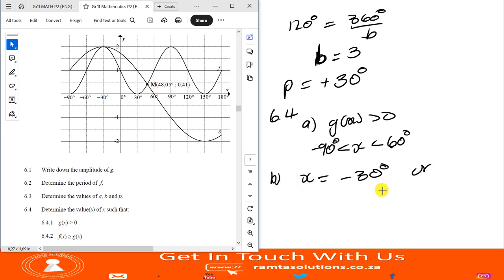So we are also looking at when x is greater or equal to 48.05 degrees, but less or equal to 180 degrees. Perfect.